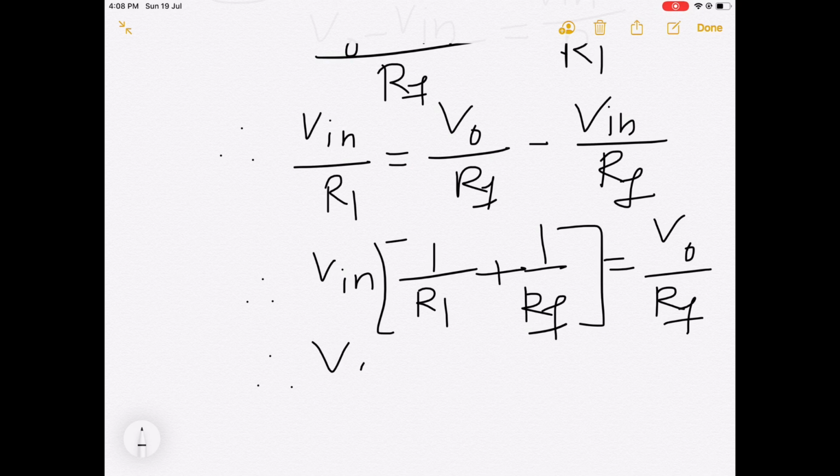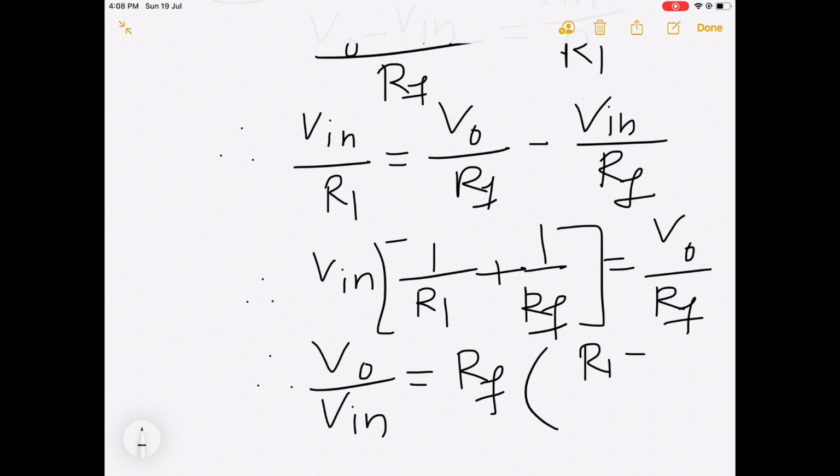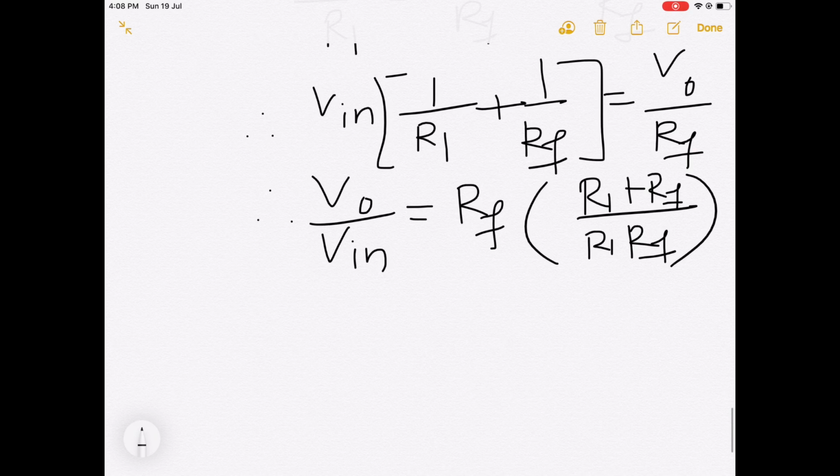So, what is the gain? Output by input voltage. So, VO by Vin is equal to RF into R1 plus RF divided by R1 RF after solving.